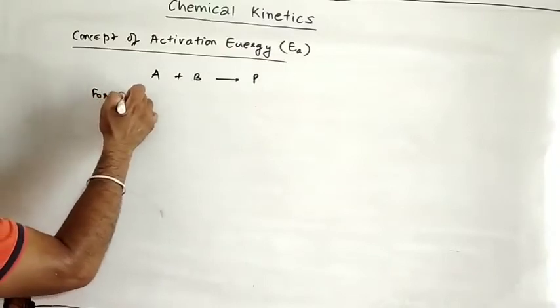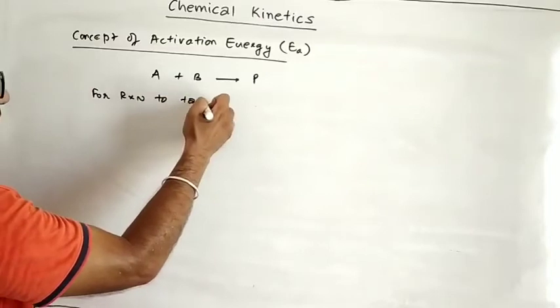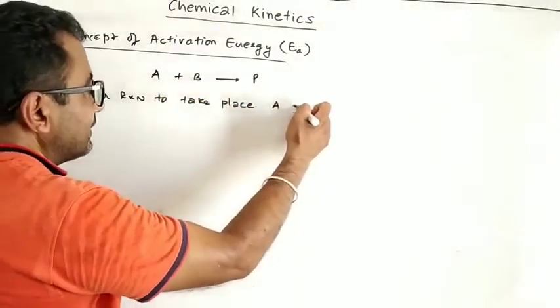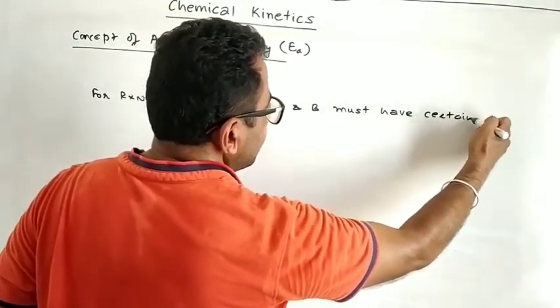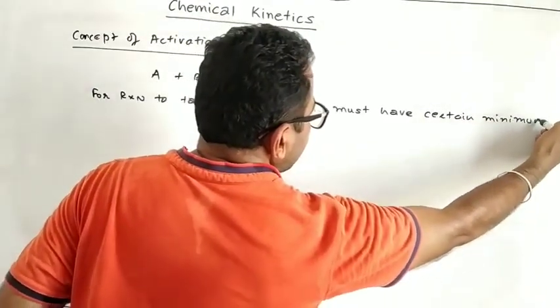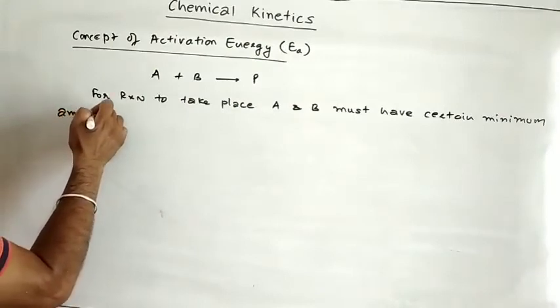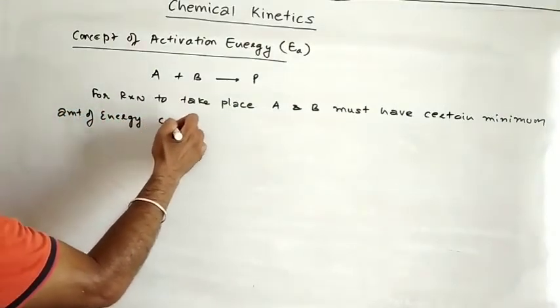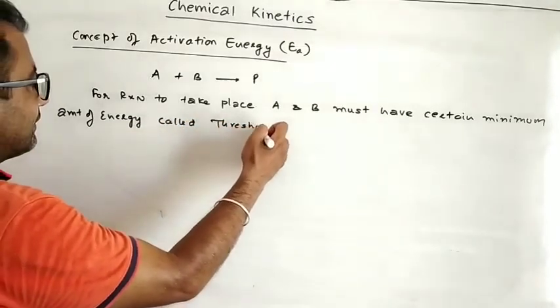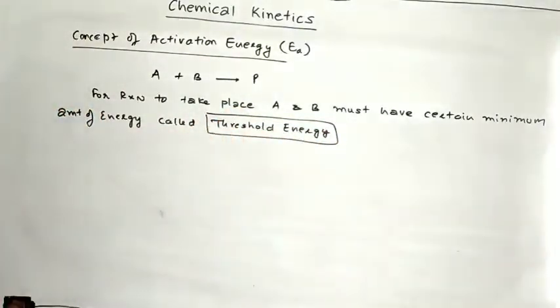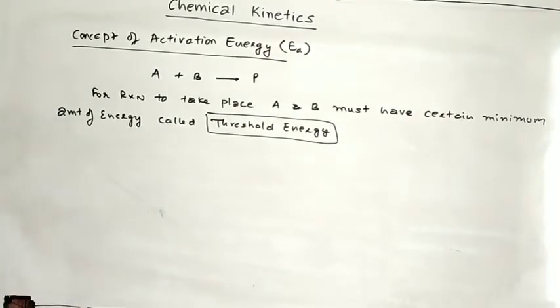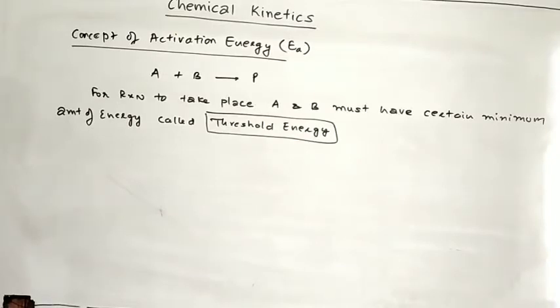So for reaction to take place, A and B must have certain minimum amount of energy called threshold energy. अगर ए और बी के पास एनर्जी थ्रेशोल्ड एनर्जी से कम है, देन दे विल नॉट रिएक्ट टू गिव प्रोडक्ट. और अगर हम चाहते हैं कि रिएक्शन हो, देन वी हैव टू सप्लाई एनर्जी फ्रॉम आउटसाइड.